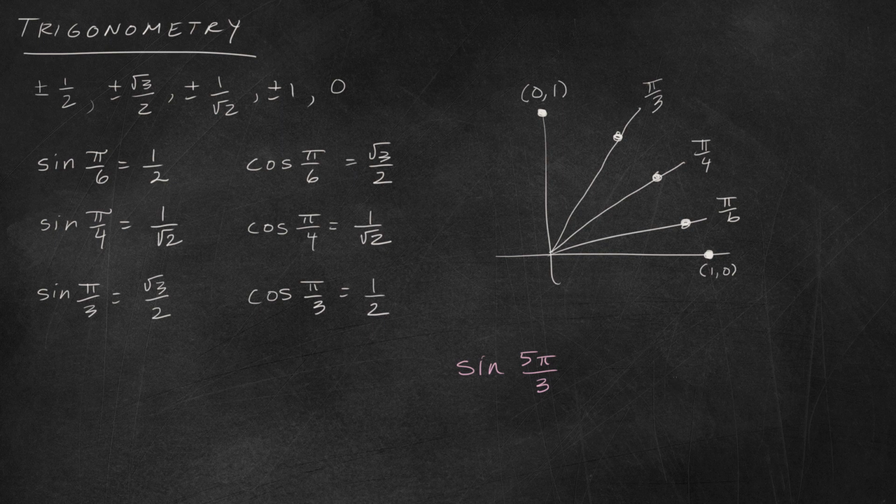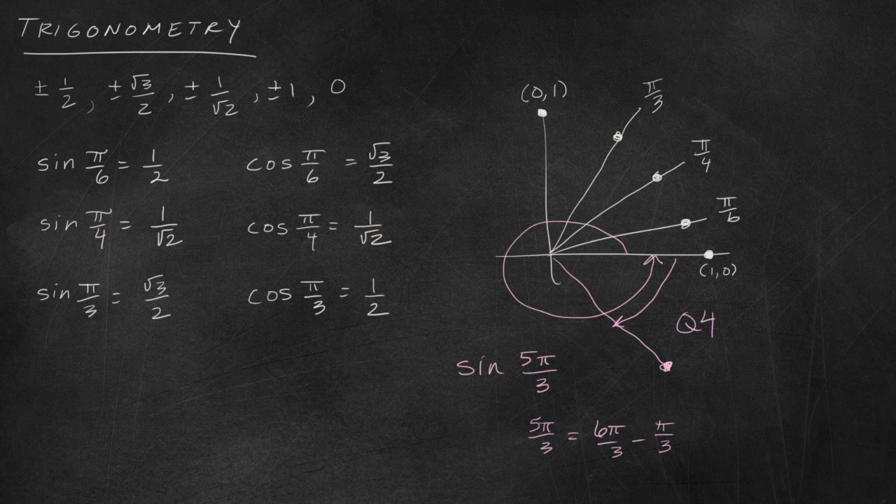Well, 5 pi over 3, this is what I'm thinking mentally, is 6 pi over 3 minus 1 pi over 3. 6 pi over 3 is 2 pi, so I know that's all the way around the unit circle. But then we're going to subtract pi over 3, so I back up by 60 degrees, so I know I'm down here, Q4. And that's all I really need to think about initially.